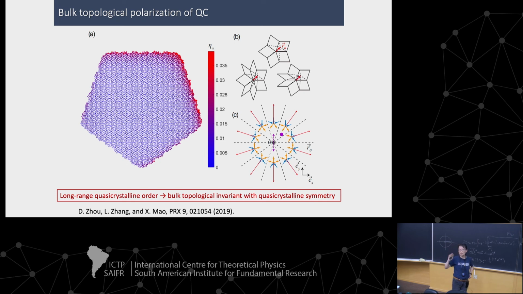What is unique here is that in contrast to the disordered networks, here I actually have long-range order. The disordered networks, I don't have long-range order. I only have this polarization at the fiber level. Here, because I have long-range order, I can actually define a bulk topological polarization. And now what is different here is that I can have bulk topological polarization follow any symmetry I want to choose. I'm not limited by the choice of the crystals.